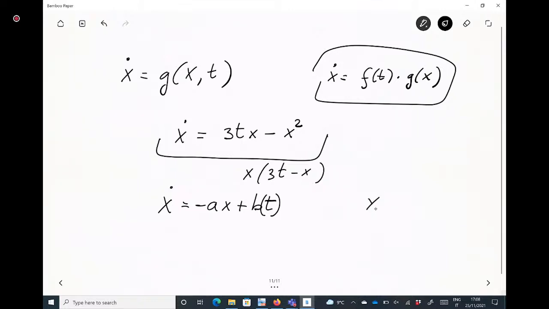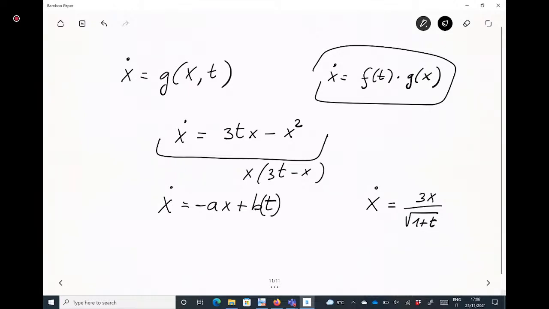But this one, x dot is equal to 3x divided by square root of 1 plus t. This is separable, for instance. Okay? Because it is of the type f of t times g of x.